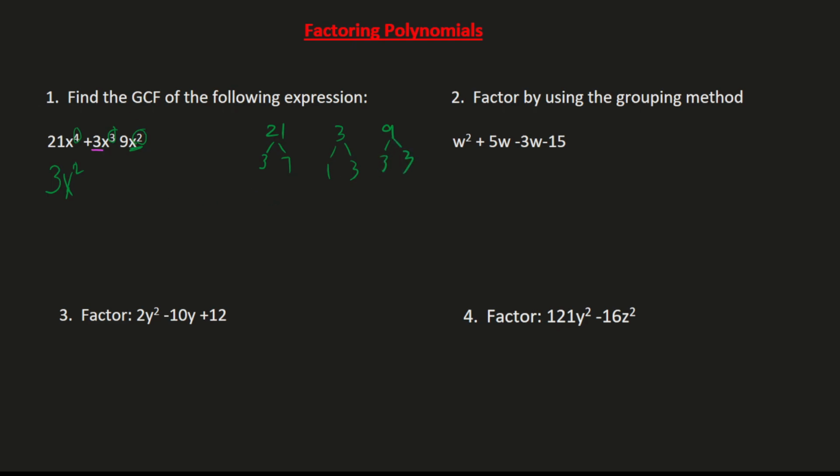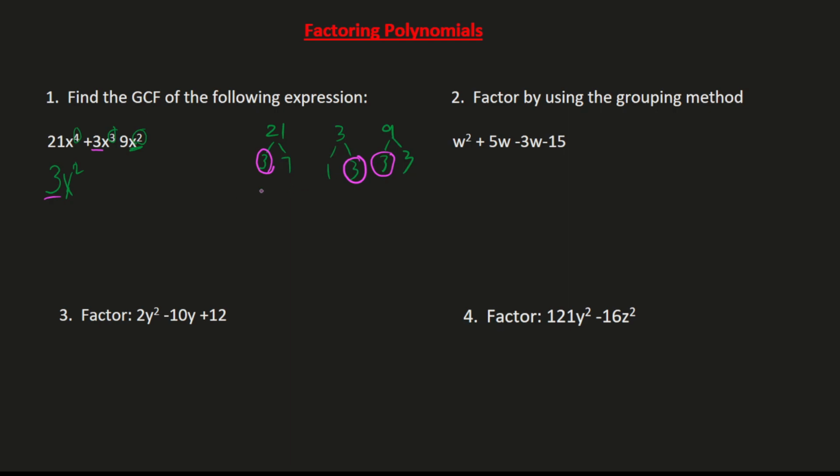We're talking about the greatest common factor here. When they talk about a common factor, this 3 is common to all of them, but 7 is not common to all of them. So you take the number that is common to all of them. That number is 3. That's why I get this 3 here.